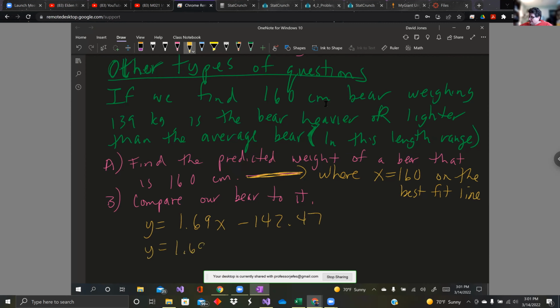This becomes calculator work. I'm getting 127.93 kilograms.